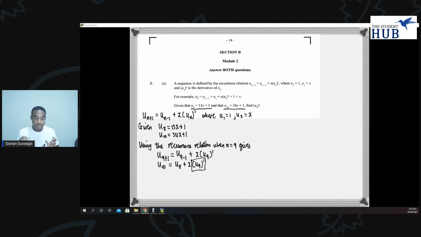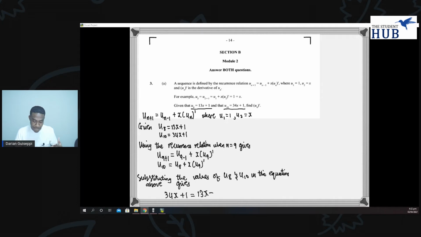u subscript 9 prime, which is what they're asking us to find, well, we could just make that the subject of the formula and solve for what it is. That's what we're doing next. So let's do that and see what happens. Let's substitute the values for u subscript 8 and u subscript 10 into this here, and see what we get.